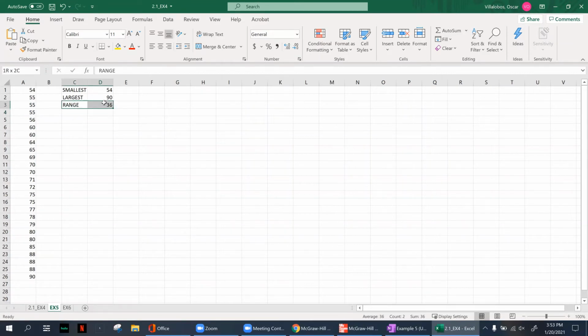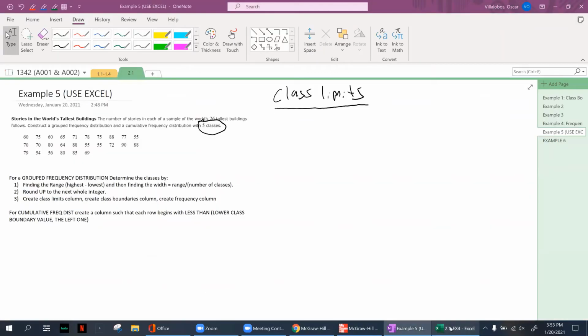Very, very important. So let's go back to the other piece of paper. Now I know that my range is 36. How will you find the width now? There's a formula for this, right here.